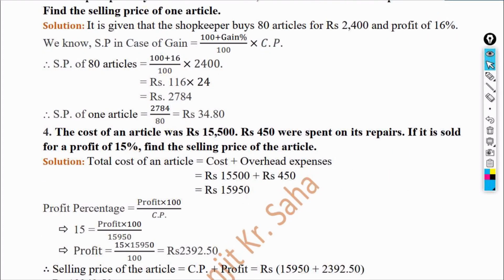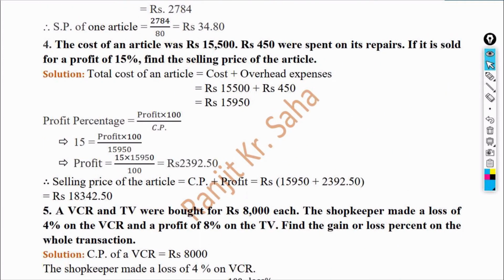Now, next question, it is also very simple, question number 4. The cost of an article was rupees 15,500. Rupees 450 were spent on its repair. If it is sold for a profit of 15%, find the selling price of the article.